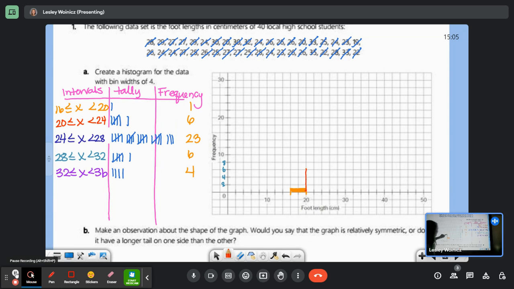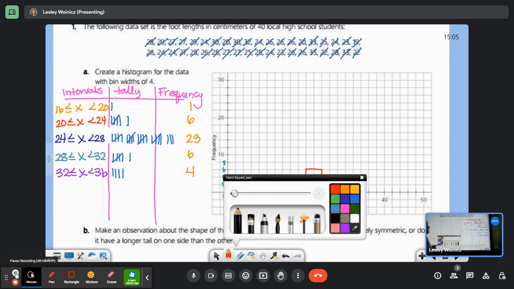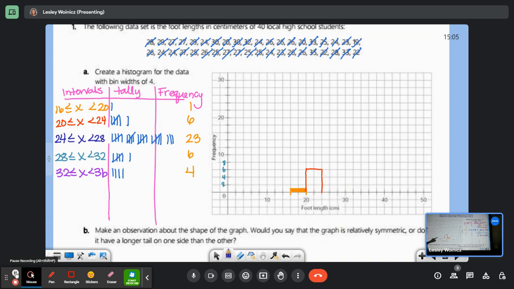You remember on our histogram when we said that it was aligned left? This is what we were doing with the or equal sign. So the 16 goes in this bin, the 20 goes in this bin, so they're aligned to the left. My next bin, 23.